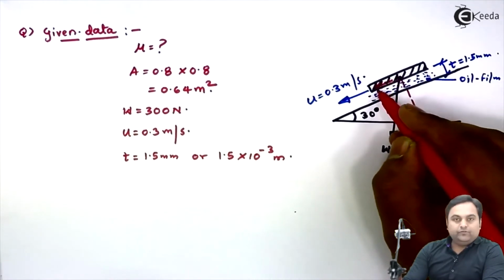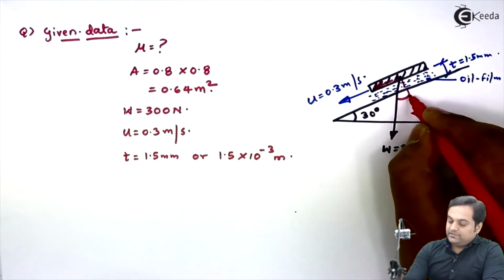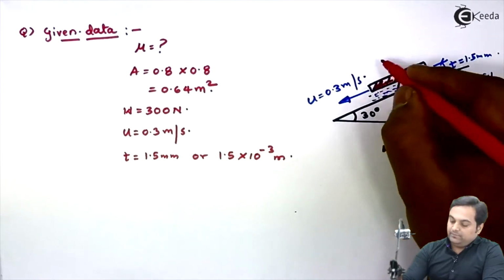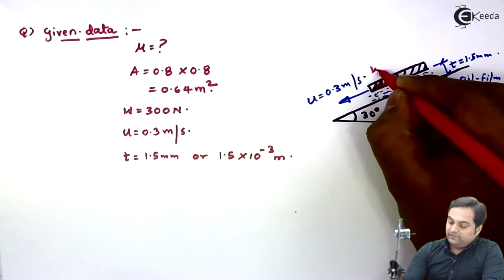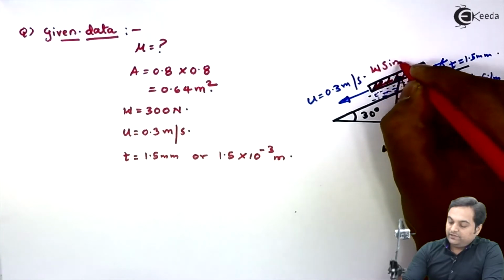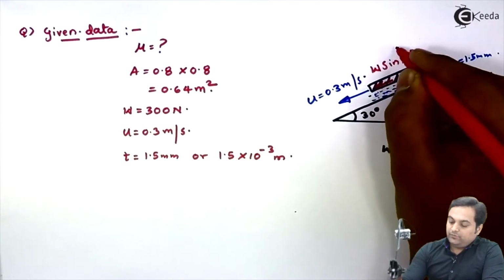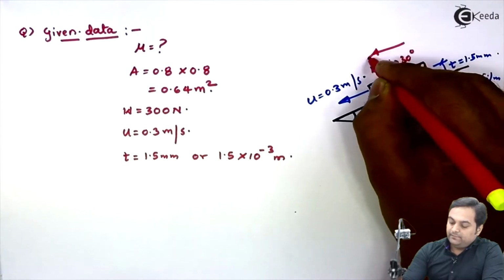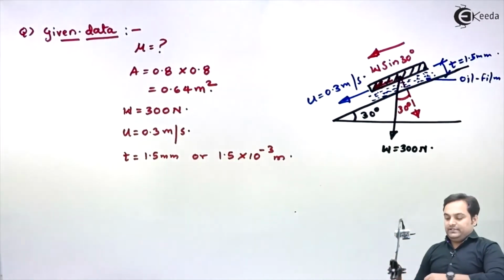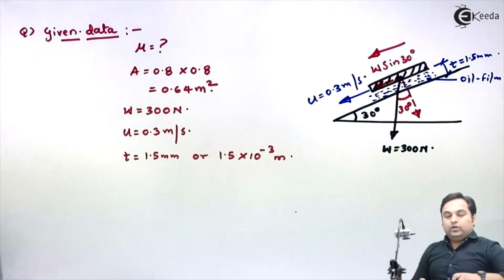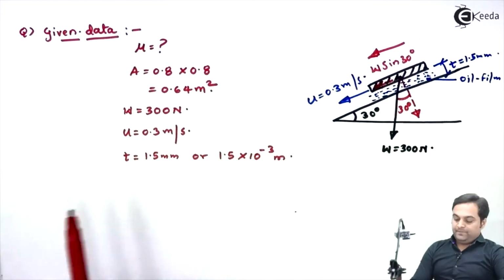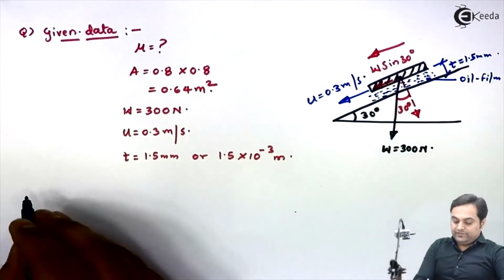Since this angle is 30 degree, the component of weight along the plane will become W sine 30 degree. This is the component of weight which is acting parallel to the plane, in the downward direction. While solving the problem, we are going to consider this component which is parallel. So I'll start the solution for this.